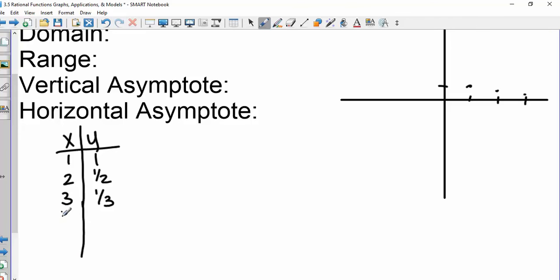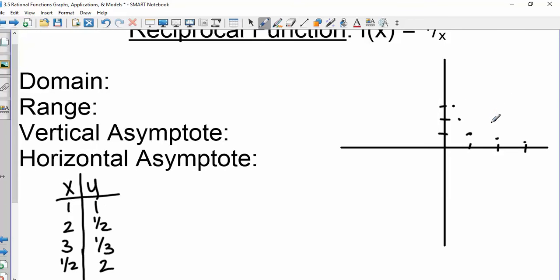What would happen if I plugged in 1/2? 1 divided by 1/2 would be what? 2. So 1/2 would give me a 2. 1/3 would give me a 3. Will I ever do 1 divided by something and get 0 for an answer? Nope. It'll get closer to 0, but never actually equal it. So it's going to look kind of like this.